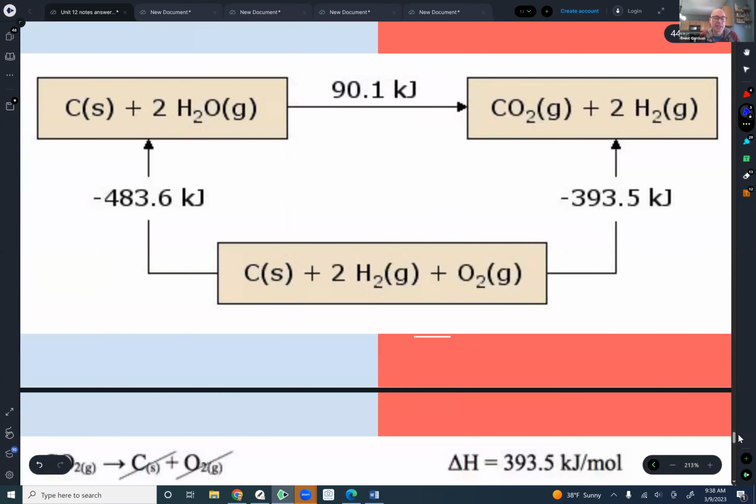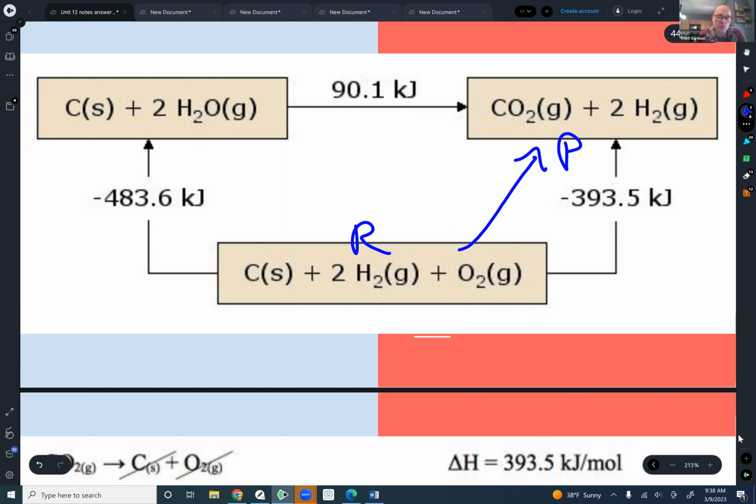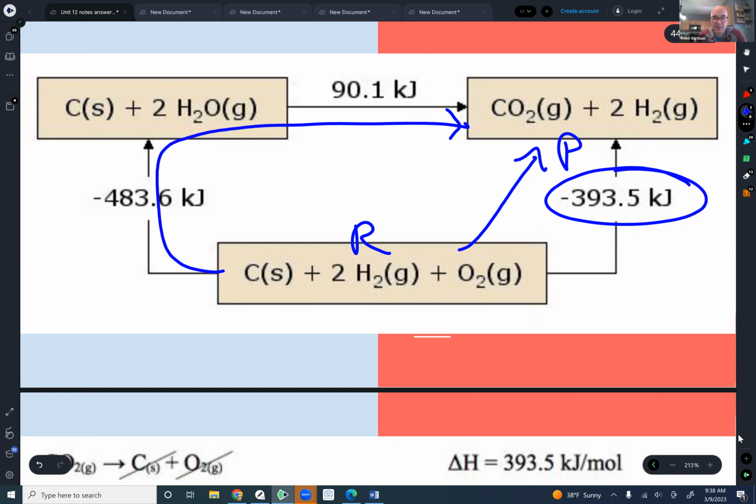So in chemistry, I need you to see that there are two paths to get to the products. If I have reactants right here, I could go to the products quite directly, and that amount of heat would be given here. Or I could take a more indirect path. But guess what? If I take the sum of all of those individual steps, it will sum to be the exact 393.5.